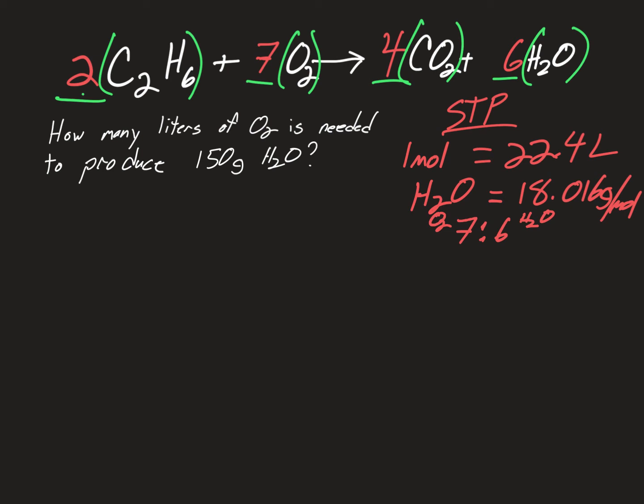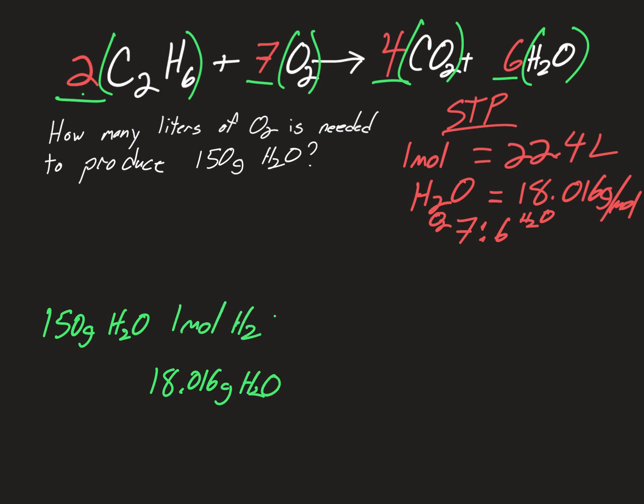And then we're going to start with what we had again. They gave us 150 grams of H2O. I need to know that I have 18.016 grams of H2O in every 1 mole of H2O.